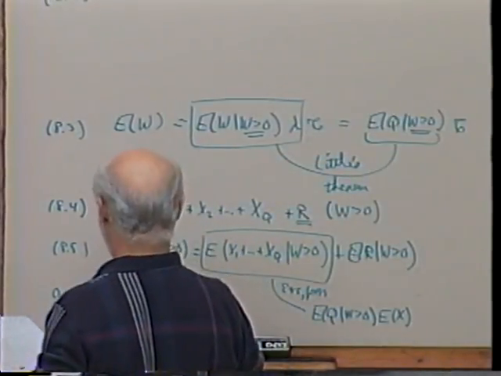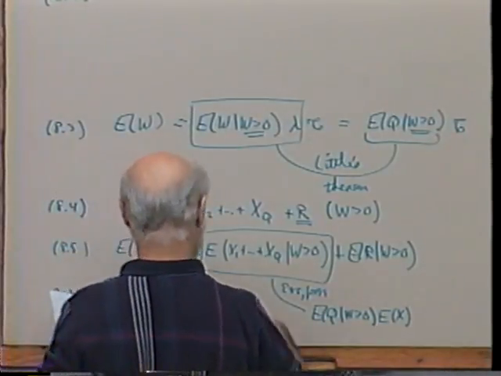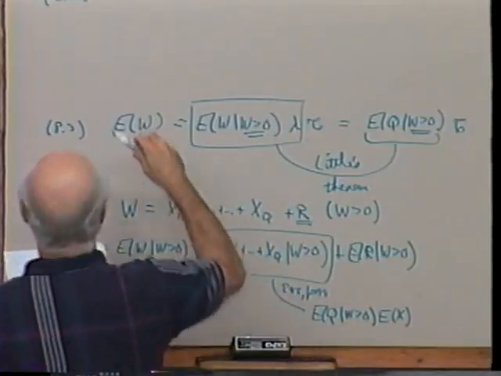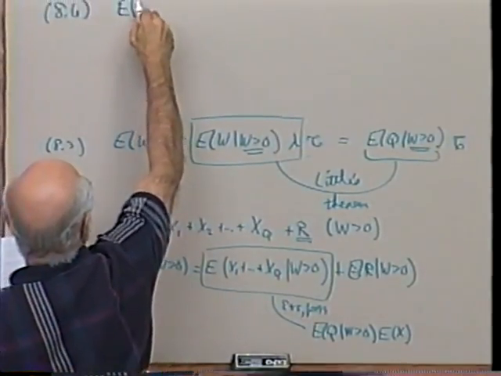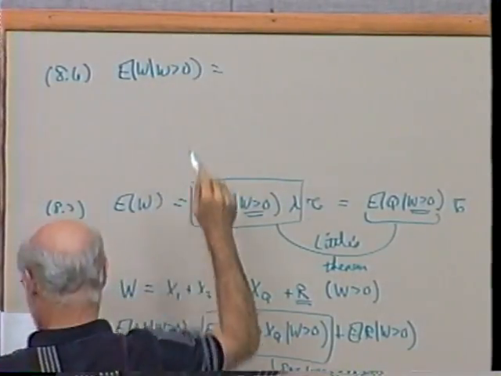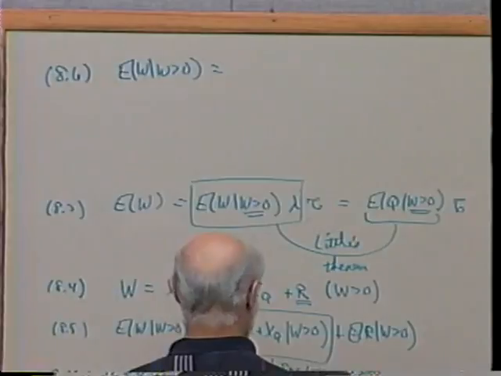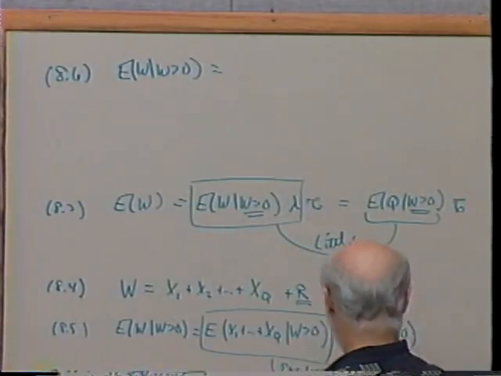The expected value of the waiting time, given that the waiting time is greater than 0, is equal to, now we're going to take this expected value right here.